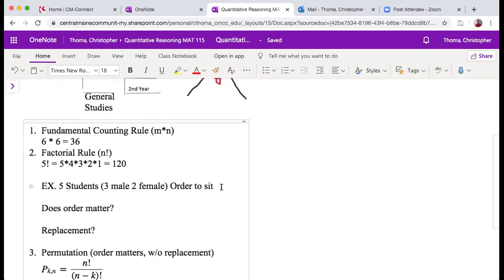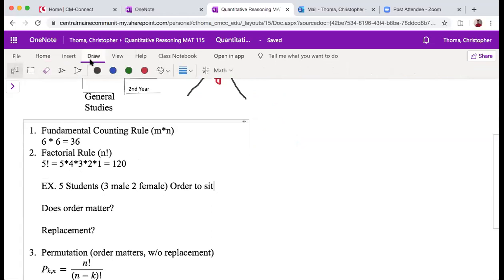So here's a little quick example. It would take our entire class if everyone was actually here to do this. But if we get 5 students, and I want the students to sit in order, 1, 2, 3, 4, and 5.